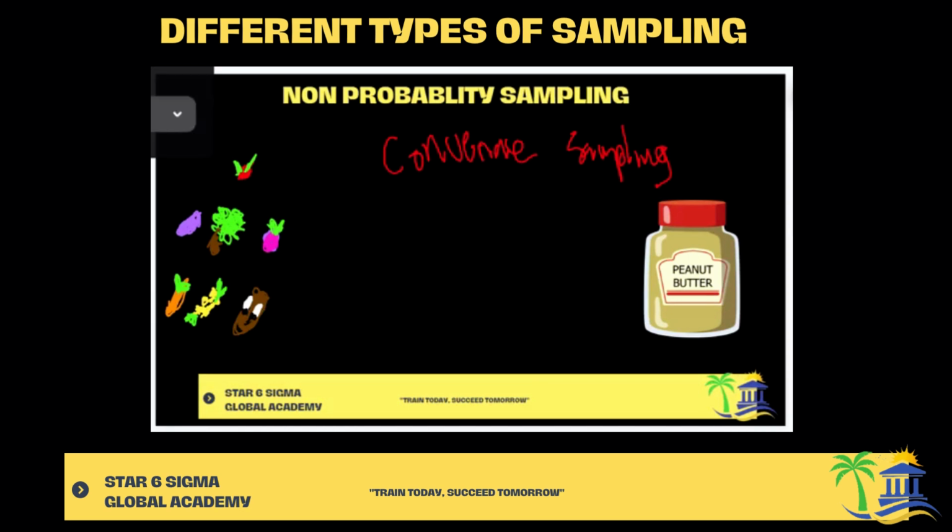Let me draw that back up. There's our watermelon again, and a banana.